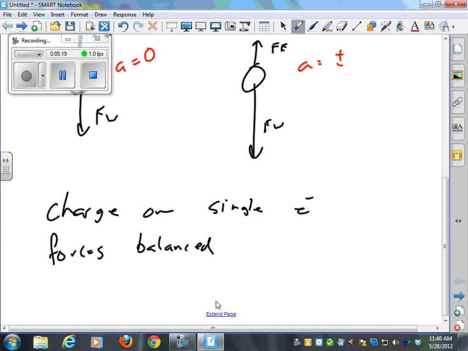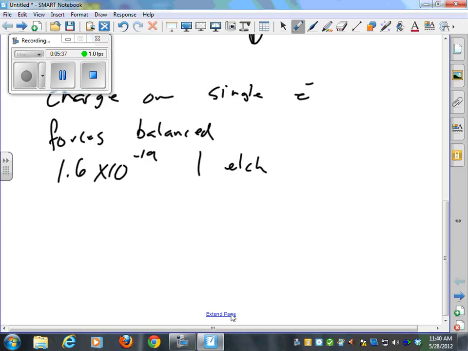I guess you should know that he came up with the number. You should know the number. What is the number? That's equivalent to 1 elementary charge. And the very last thing here on the outline says define the elementary charge, that's this, and convert between elementary charges and coulombs.